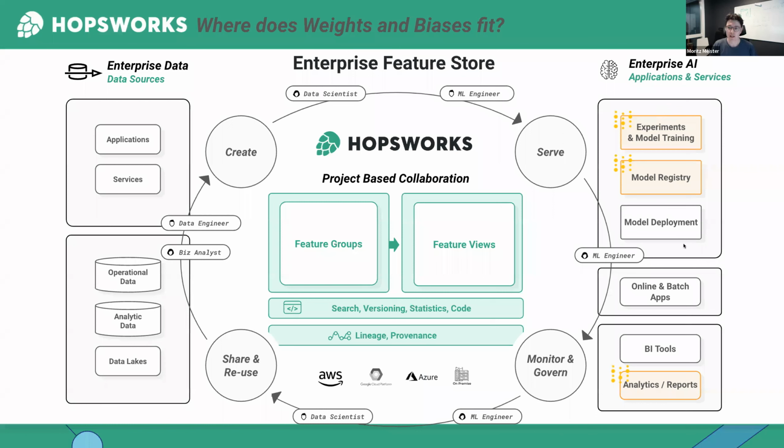However, what's missing is the model deployment, right? So if you have a batch prediction job, you need some compute somewhere which reads up a bunch of new data, loads the model, scores the data, and writes back predictions somewhere. And that's where Hopsworks comes into play.